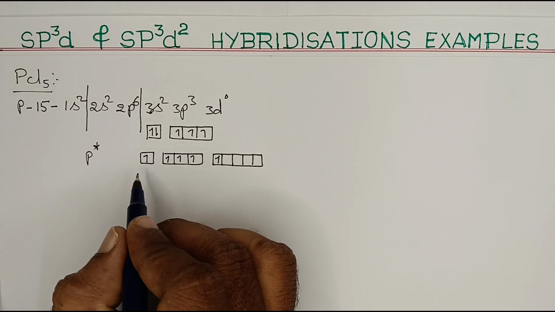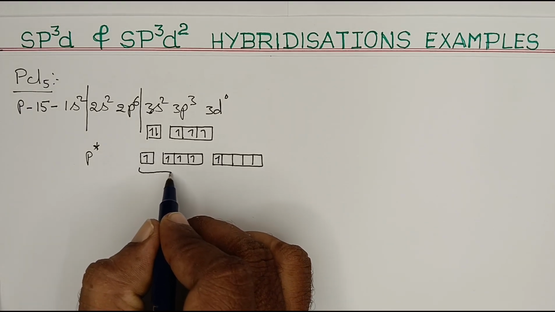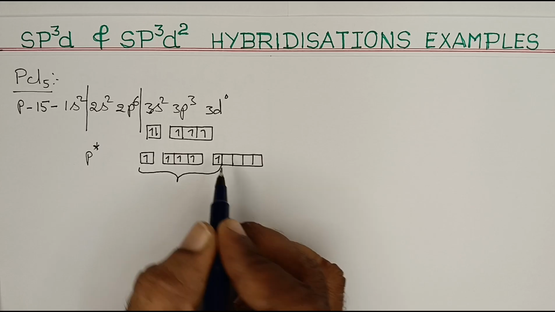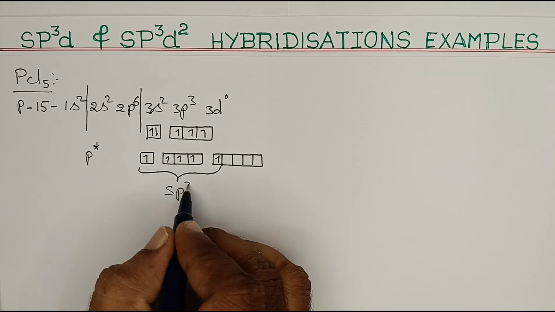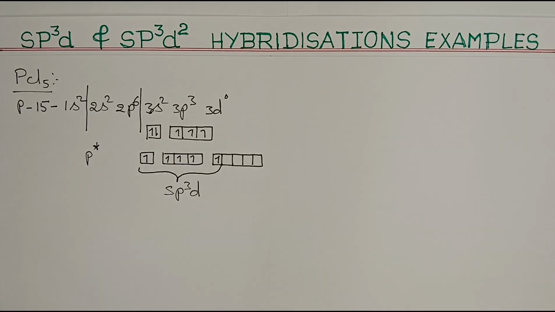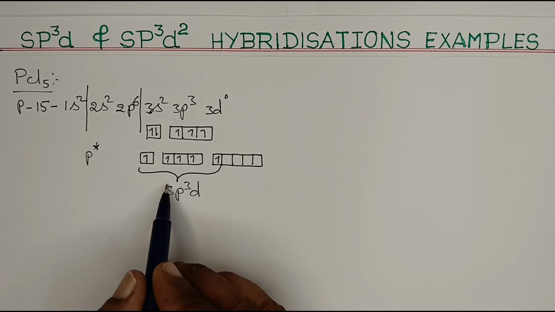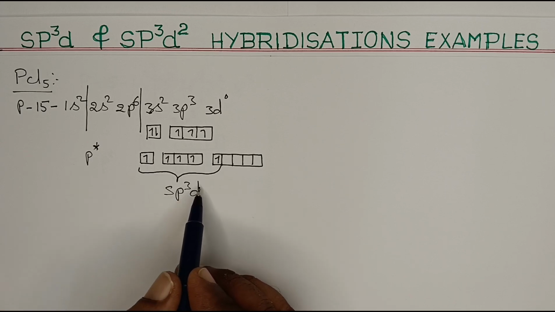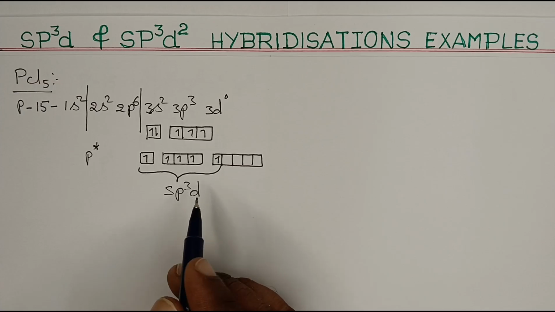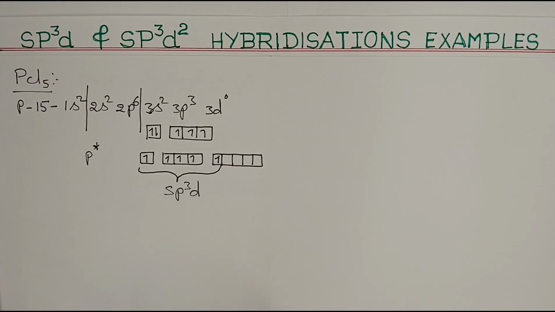So here the hybridization is sp3d. Here 1 plus 3 plus 1, total 5. So phosphorus undergoes sp3d hybridization to produce 5 sp3d hybrid orbitals.